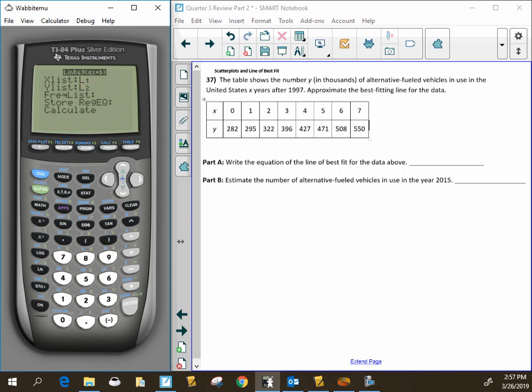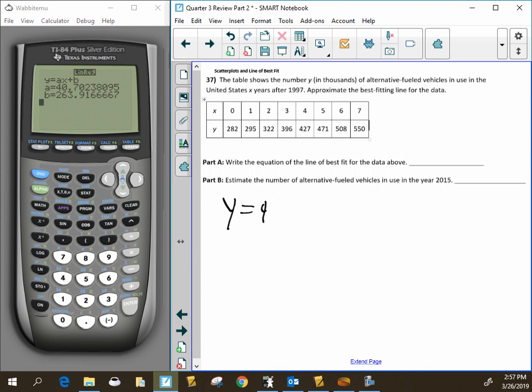Once again, we put our x's in L1, we put our y's in L2, so we can go right down here to calculate, and we get our equation, which is y equals 40.702x plus 263.917.